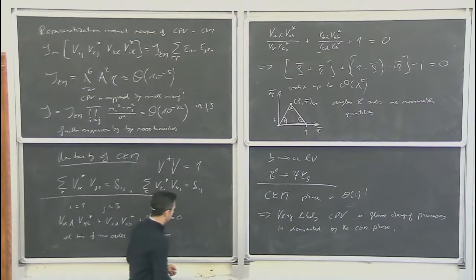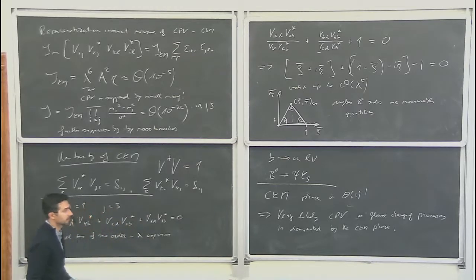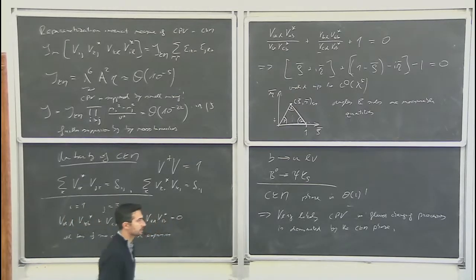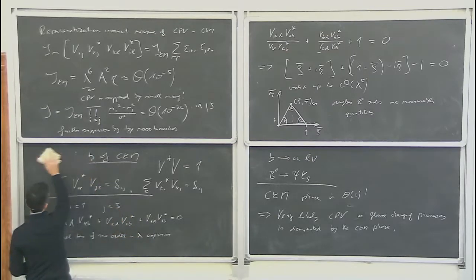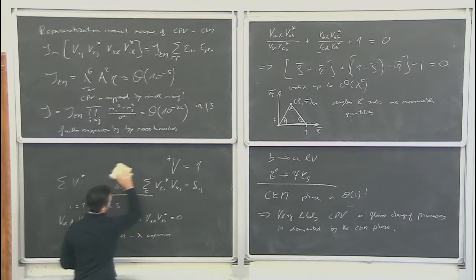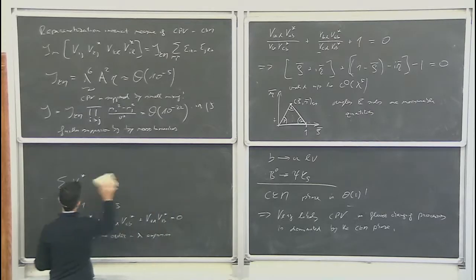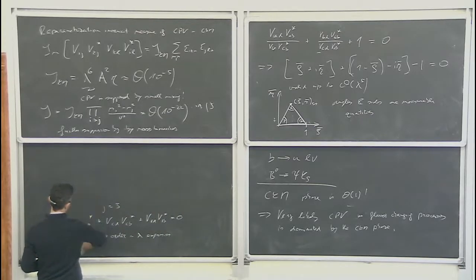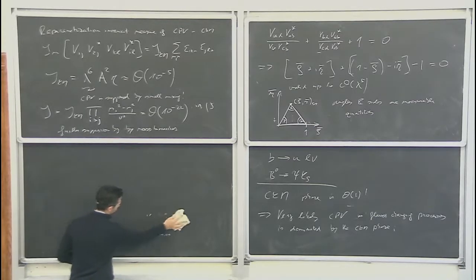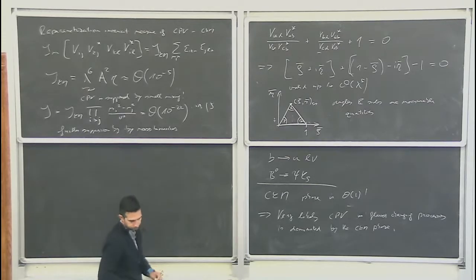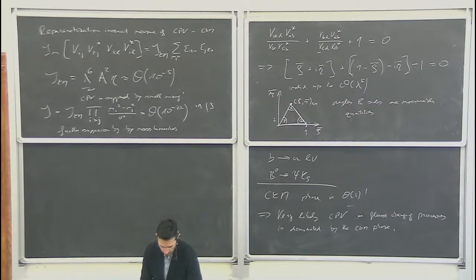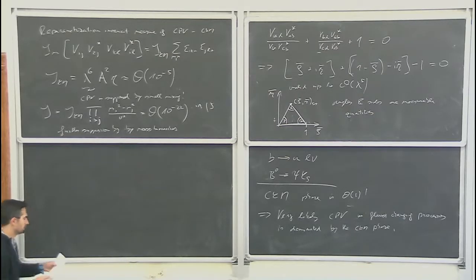So now let's take a closer look at the observables with which we can measure CP violation in the standard model flavor processes. And in particular, we'll start with CP violation in neutral meson mixing.